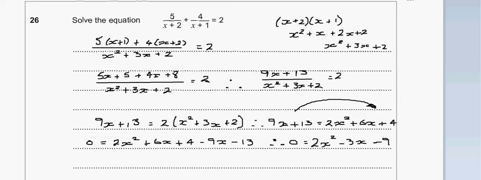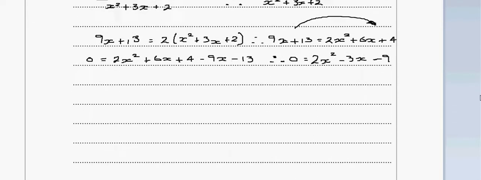Okay, so now we've got it down to a simple quadratic. Now there are two ways that we can do this. We can take an educated guess. We could factorise this out, or try and factorise it out, and we could take an educated guess.